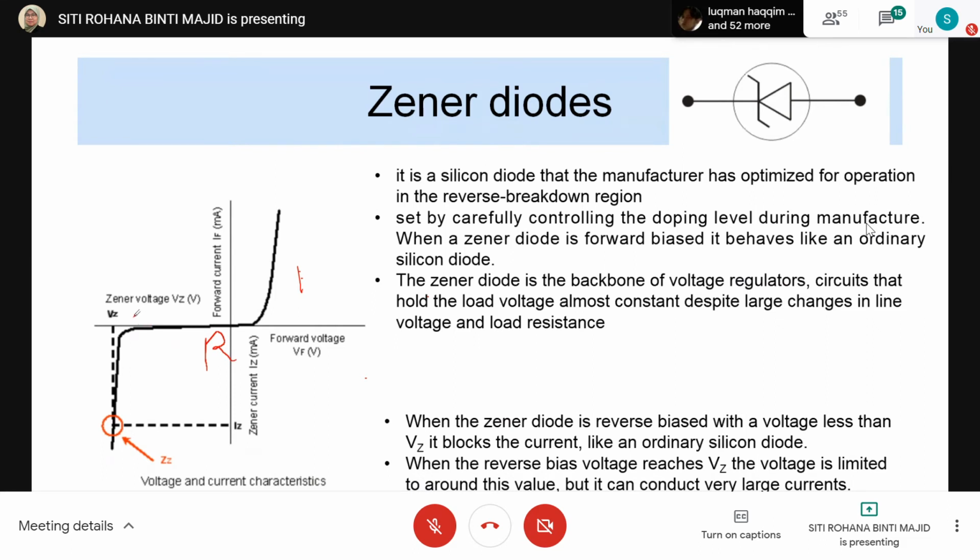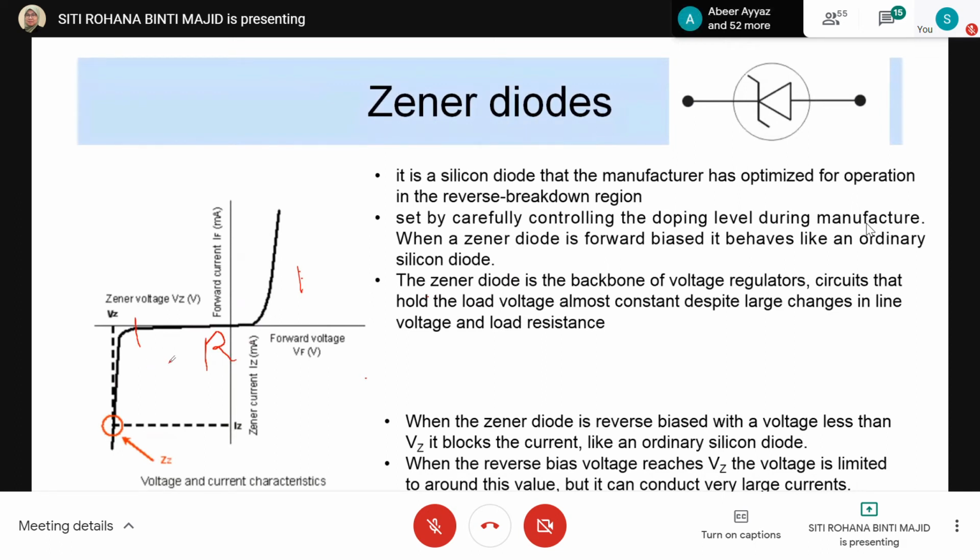Before it starts to damage or malfunction, it will go to the breakdown region. In the breakdown region there are two types: the first is Zener breakdown, and the second one is avalanche.